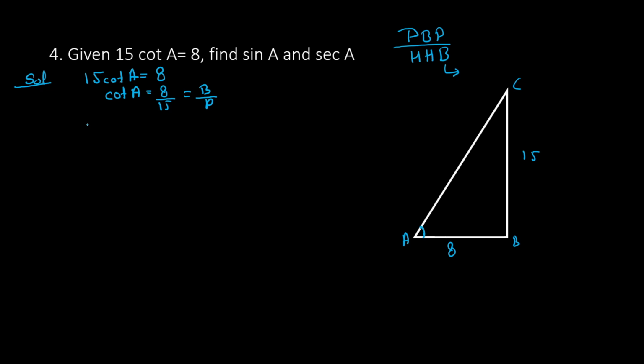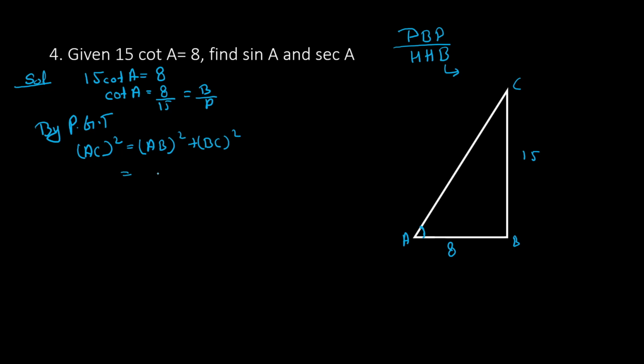So to find hypotenuse we have to apply PGT: AC whole square equal to AB whole square plus BC and its whole square.